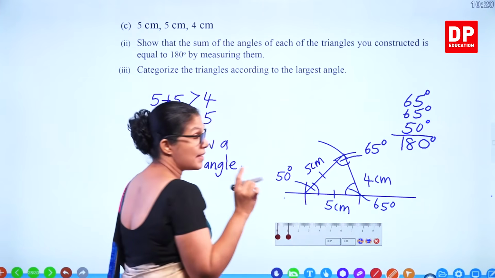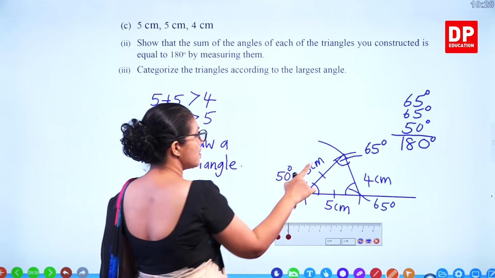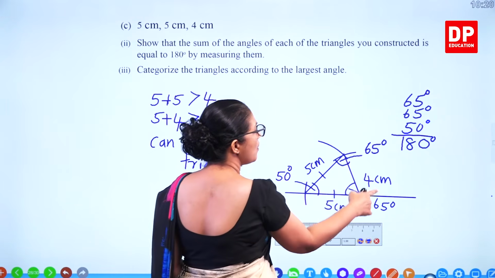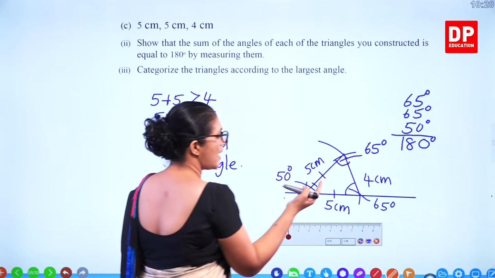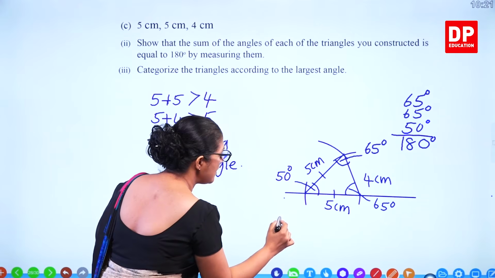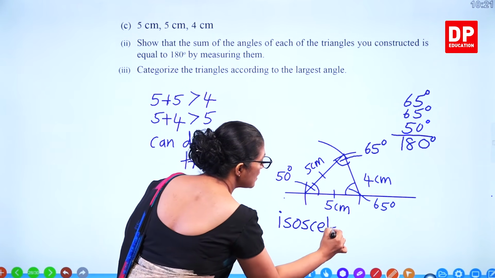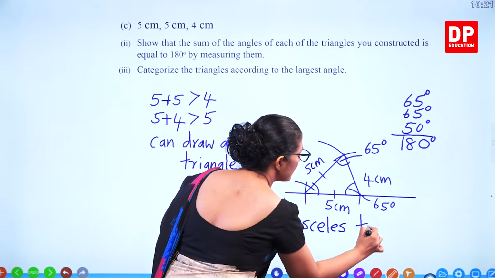So the sum is 180, that's true, and two angles are equal and two sides are equal. What type of triangle? This is an isosceles triangle.